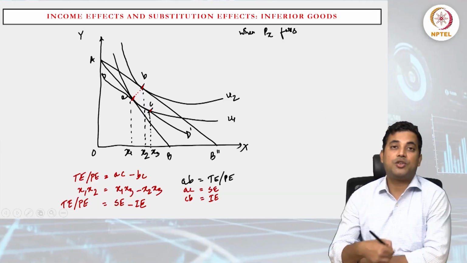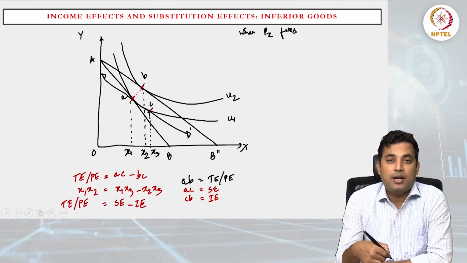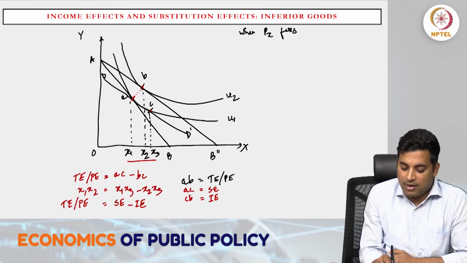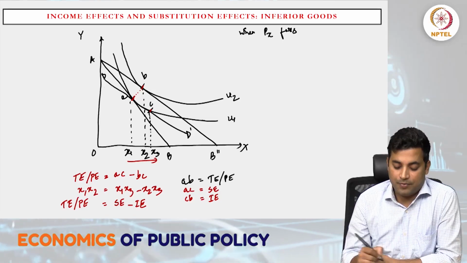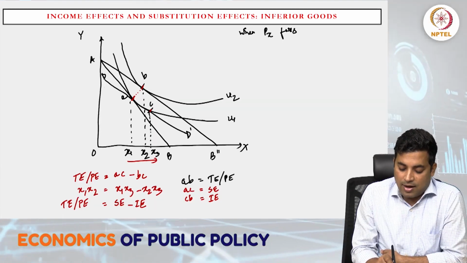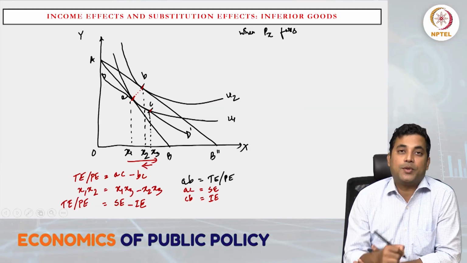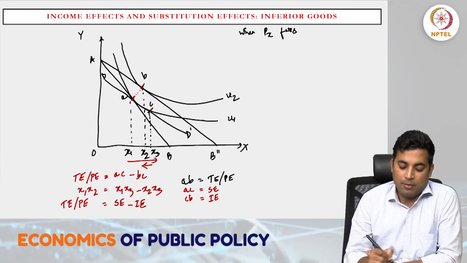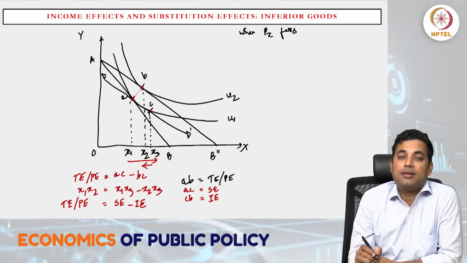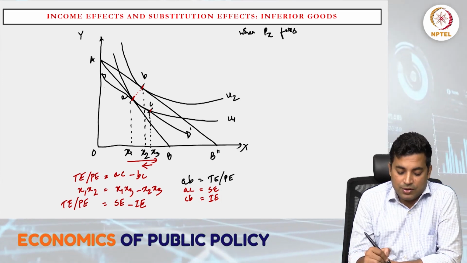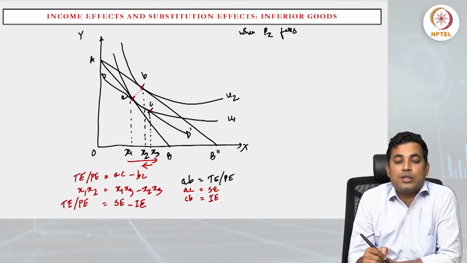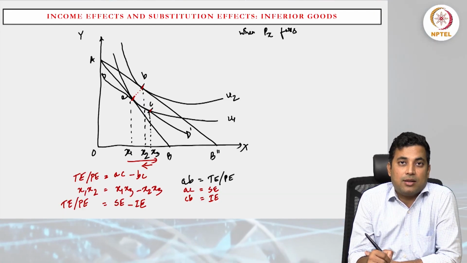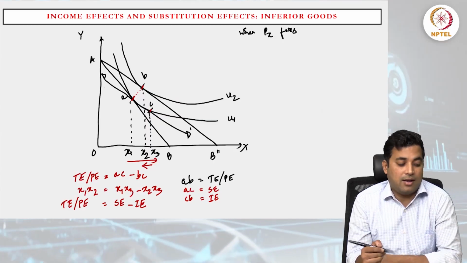So the substitution effect is much stronger as compared to the income effect, and the substitution effect goes in one direction, and the income effect goes in the opposite direction because it is going back to the previous. So this will be in case of inferior goods, where total effect is equal to substitution effect minus income effect. In case of normal goods, total effect equals substitution effect and income effect.